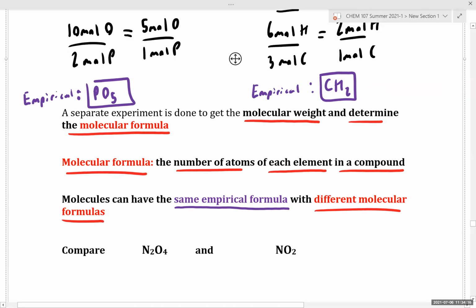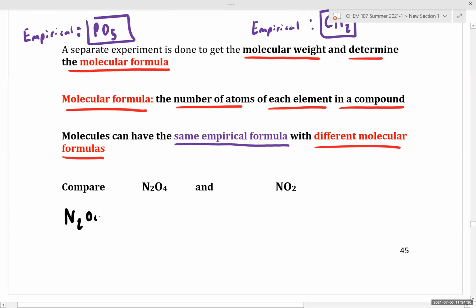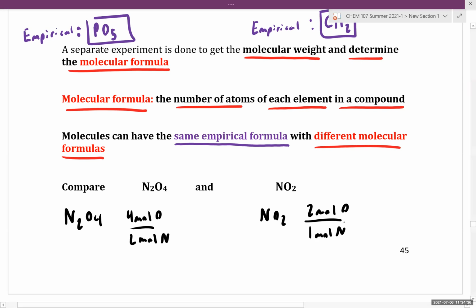So let's compare N2O4 and NO2. In N2O4, we have 4 moles of oxygen per 2 moles of nitrogen. This is our molecular formula. In NO2, we have 2 moles of oxygen per every 1 mole of nitrogen.